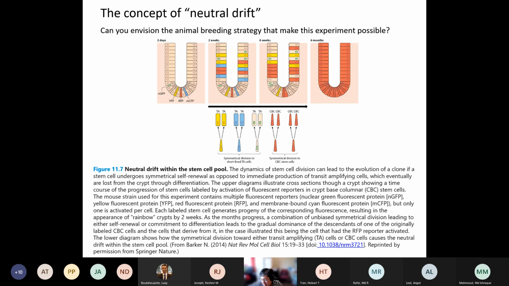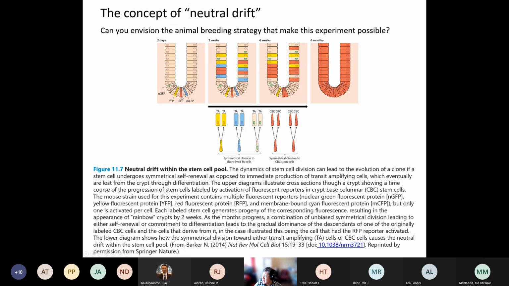It's not like they pick a cell to label as red and then pick another cell to label as green. It doesn't work like that. The labeling itself is random. That means as long as the cell is LGR5 positive, it just randomly picks a color. We had the discussion about this kind of labeling when manipulating mouse embryos. I hope you go back to that and study this strategy. As I said, it's going to be a concept I emphasize a lot.